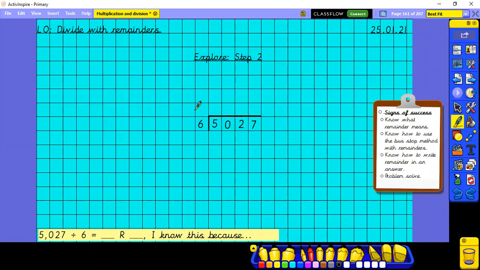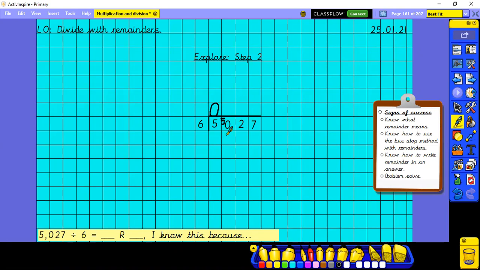So as always, I'm going to think, how many times does 6 go into 5? So because 5 is smaller than 6, that's not possible. So I'm going to put a 0 here. And now I need to remember to carry my 5 onto my next column. So my 0 becomes 50. Okay, now I'm going to think, how many times does 6 go into 50?